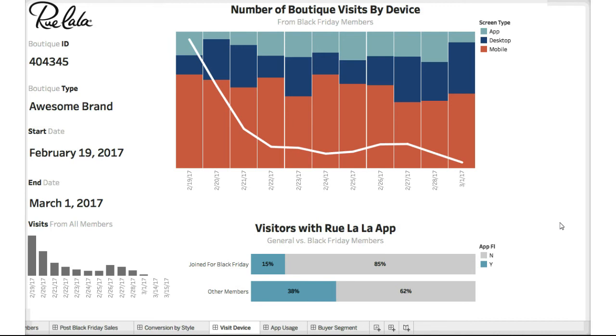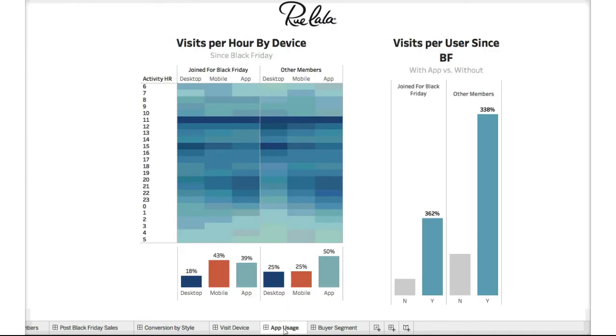We'll look at this group by hour, and here we have another heat map where on the left side we're showing the hour of the day, and we're showing the volume of visits as the depth of the blue. And we've split these groups into the Black Friday shoppers and all of our other members. So this is all of the traffic since Black Friday.